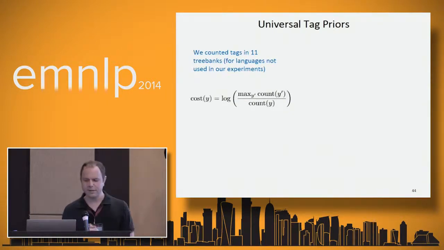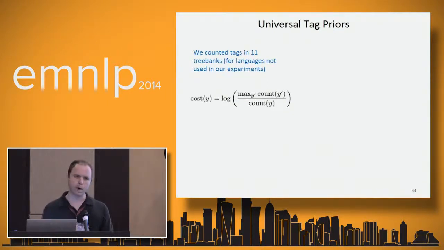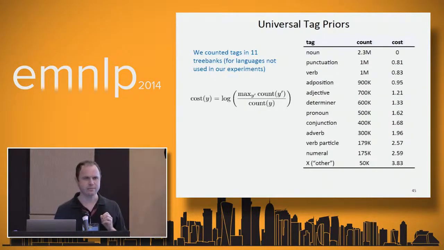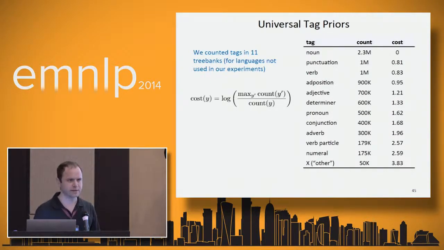Okay, so in this talk, we're just going to consider one simple kind of output cost function. We wanted to capture the notion of having some sort of universal tag preferences. So we took some treebanks for languages that we didn't use in our tagging experiments, and we counted their tags and used a simple function based on these counts.